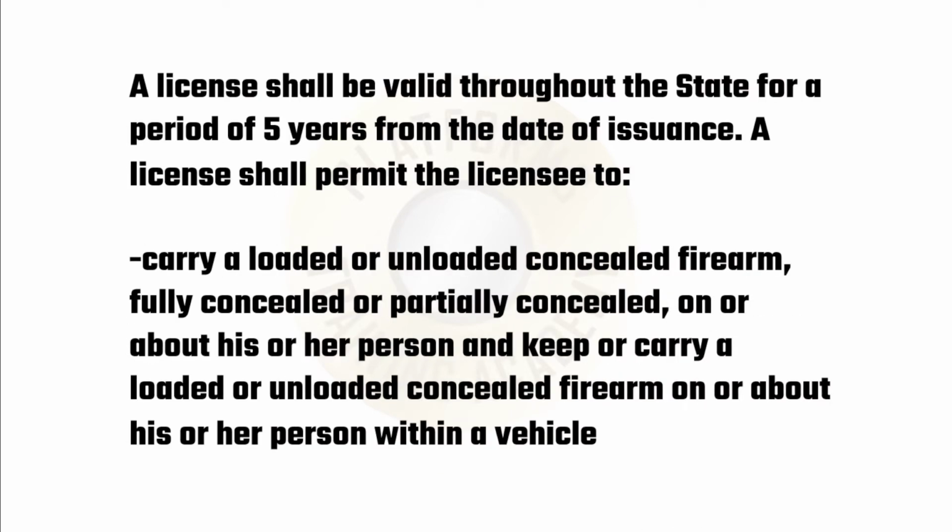Your license, once issued to you, shall be valid for a period of 5 years, and this license will allow you to carry a loaded or unloaded concealed firearm on your person or inside of a vehicle on your person. So what that simply means is your firearm, when you leave home and you're carrying it in public, you can carry that firearm completely loaded as long as it is concealed.